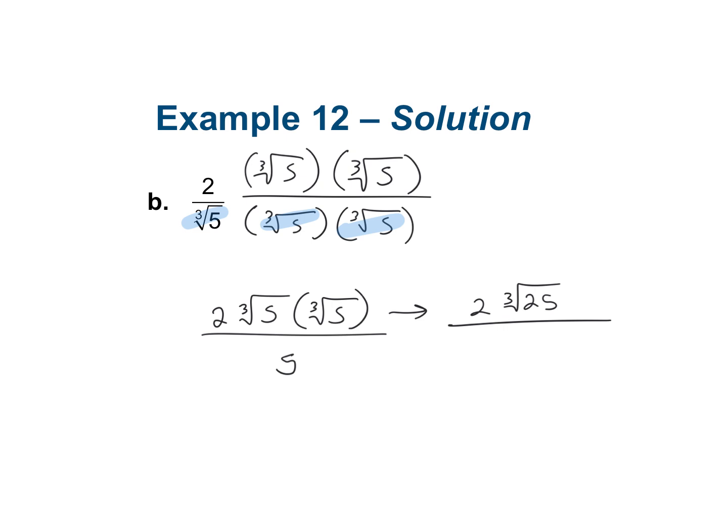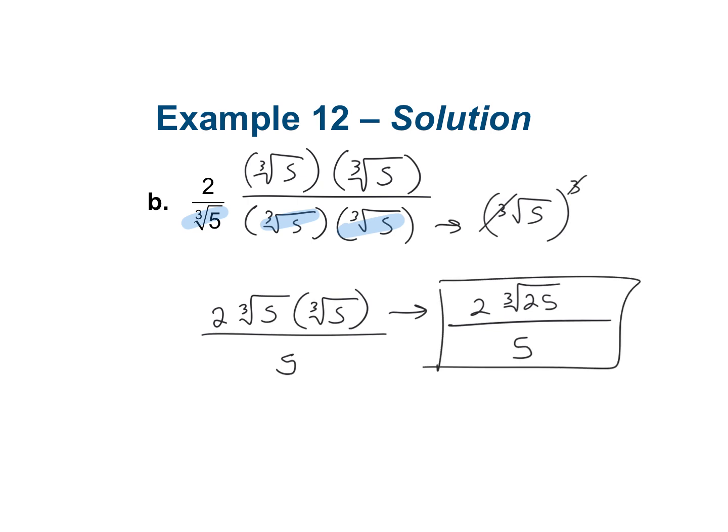Because if you notice, we can write it as the cube root of 5 cubed. And following that same expression from a few slides ago, we can cancel these out, and that's why we end up with 5. So your final answer would be 2, the cube root of 25 over 5.